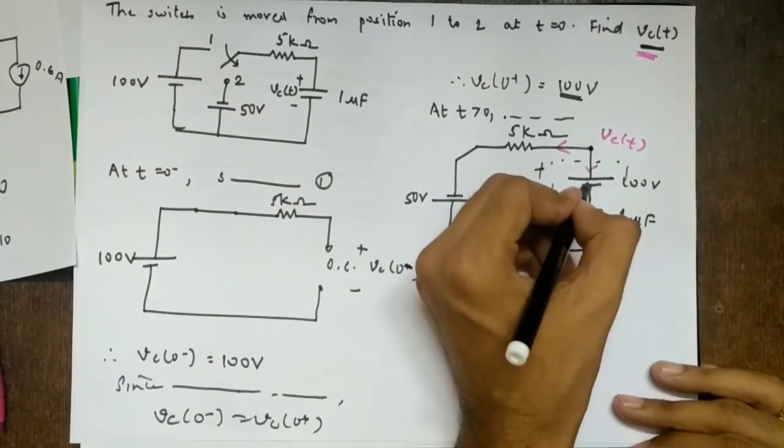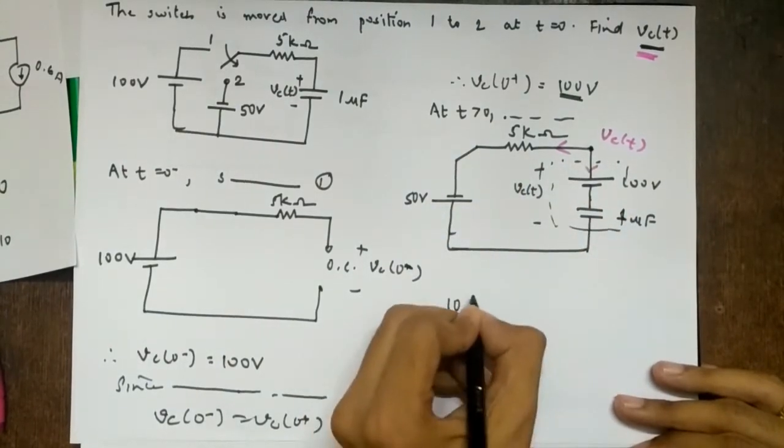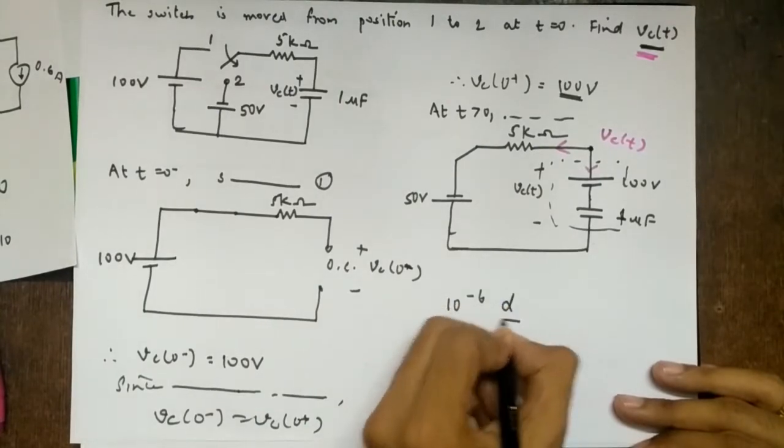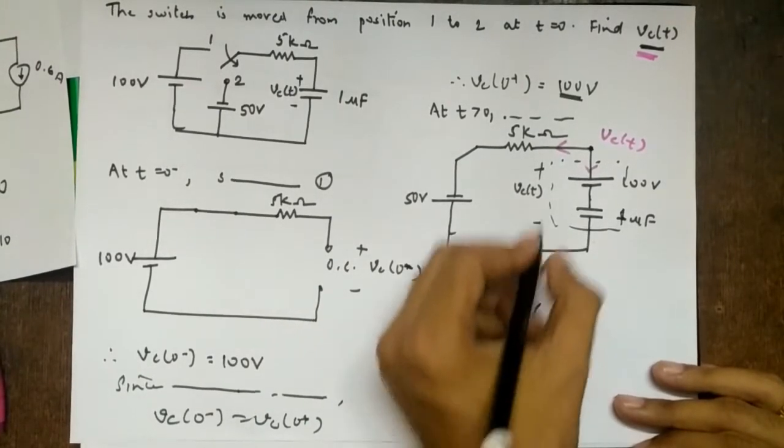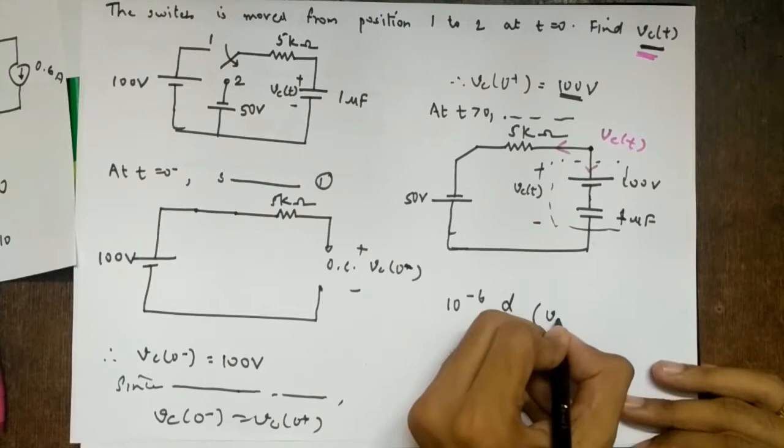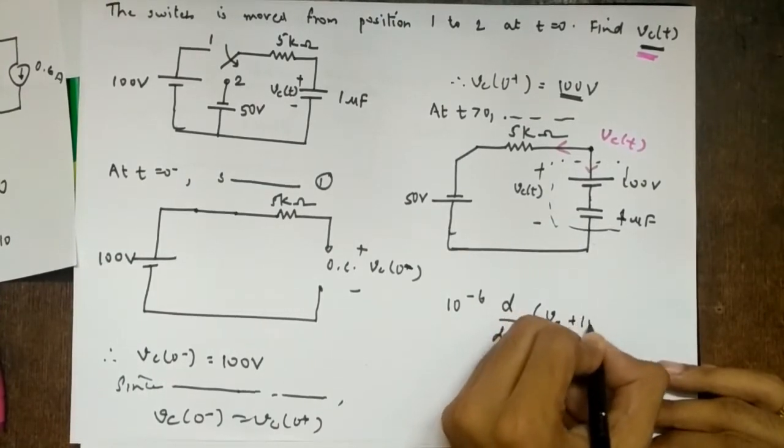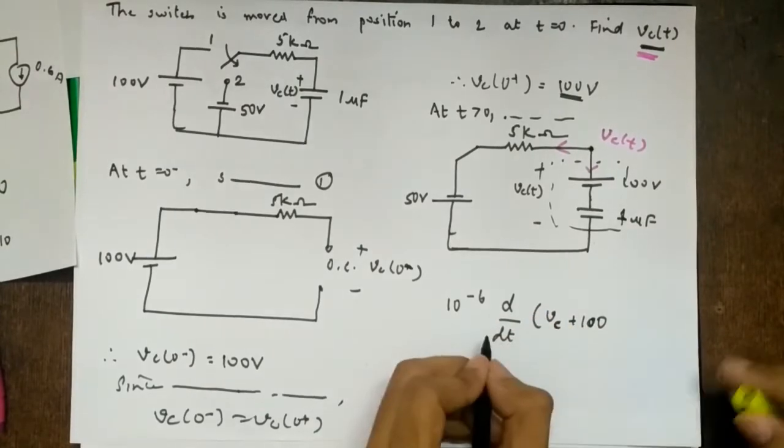Current through the capacitor is C dV by dt. So C is 10 raised to minus 6 times d by dt of the voltage across it, which is Vc together with 100.